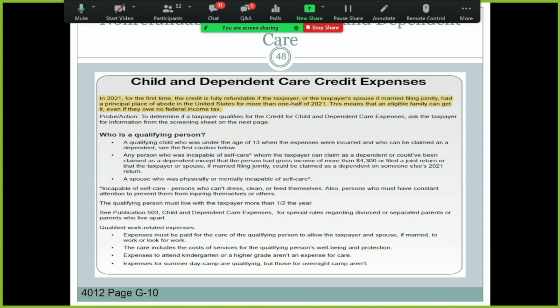Expenses for summer day camp are qualifying, but those for overnight camp aren't. So for instance, if there's a football camp and you have to actually physically stay, then that would not be a qualifying expense.